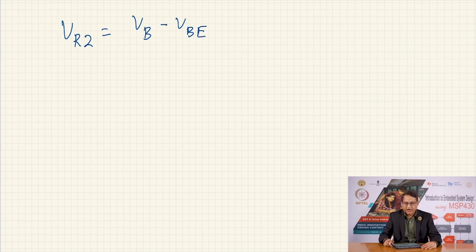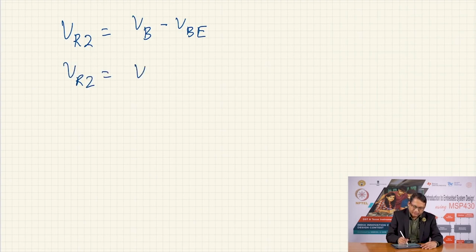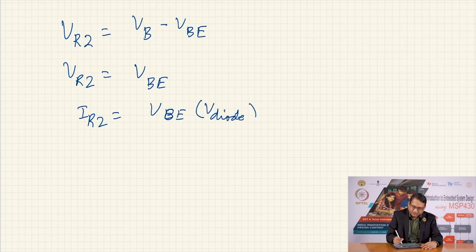And because we have used two diodes, VR2 is equal to the voltage drop across the second diode, which would be equal to VBE, because the second diode is also a silicon diode. Therefore, the current through R2, IR2, is equal to VBE, which in this case is actually V diode, divided by the value of R2.